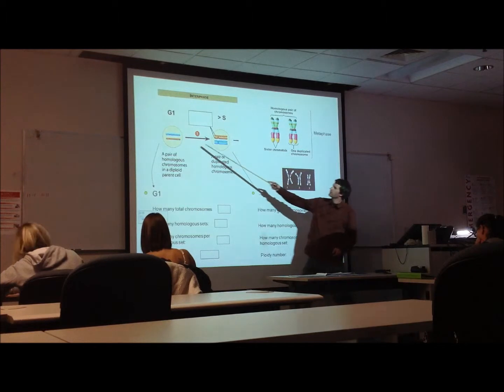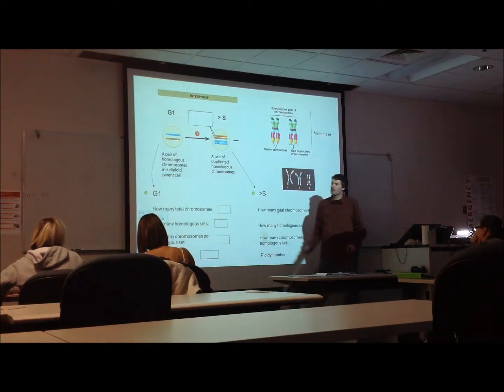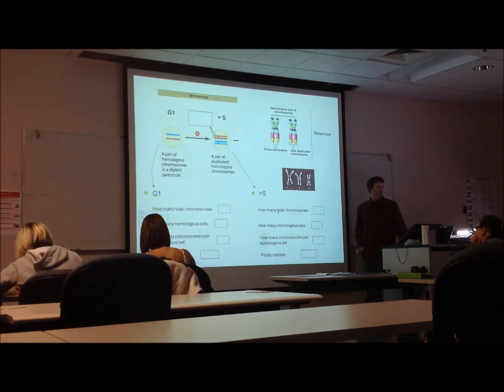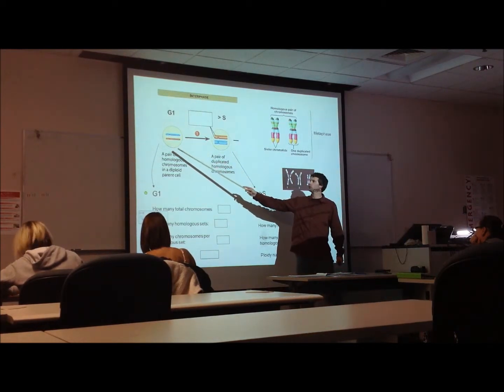So Whitney, this cell here is in G1. What's happening during G1 of the cell cycle? Normal day-to-day function. If it's a skeletal muscle, then it's contracting. If it's a nerve cell, then it's sending electrical signals throughout the body. This is where the cell does what it was meant to do.